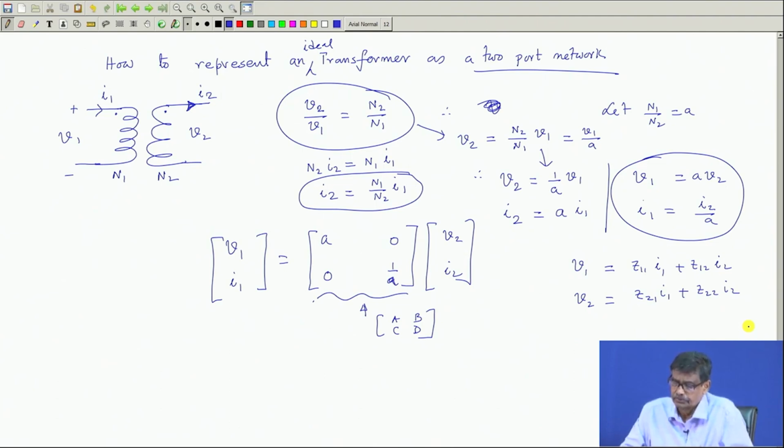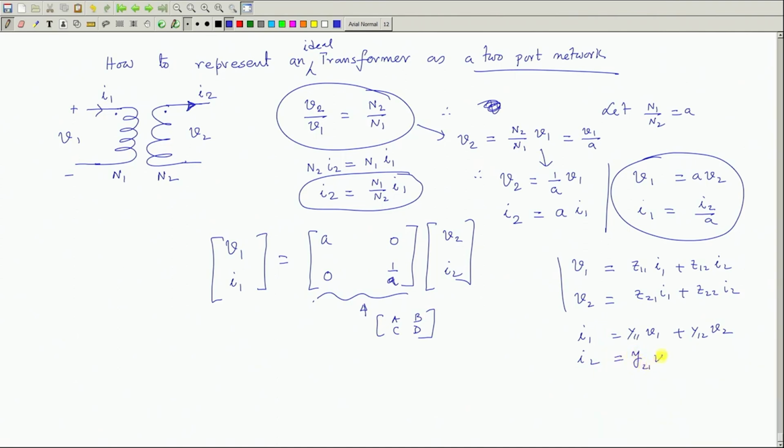I will ask you to see carefully, if the ABCD parameters are known, how they are related to Z parameters, and whether it is possible to obtain the impedance parameters or admittance parameters. Similarly for admittance parameters: I1 is equal to y11 V1 plus y12 V2, and I2 is equal to y21 V1 plus y22 V2.